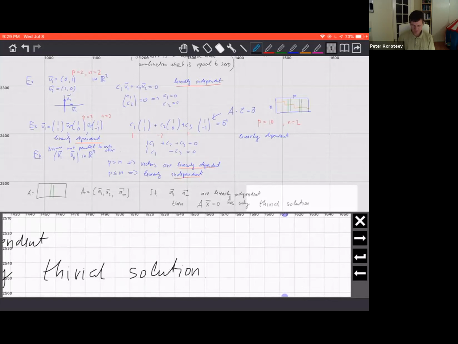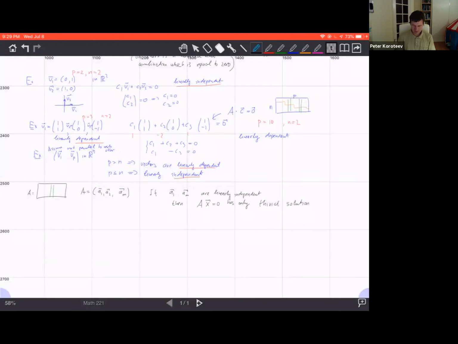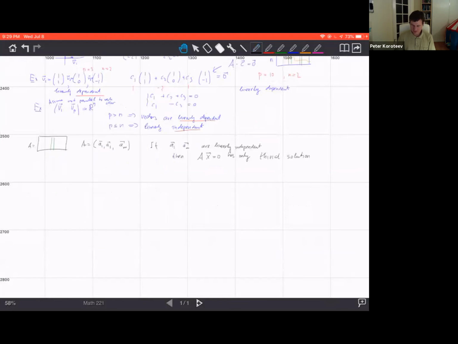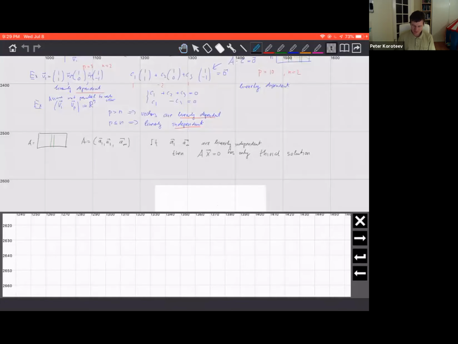Right? This is not really a theorem, it's just a restatement of the fact that the vectors are linearly independent.